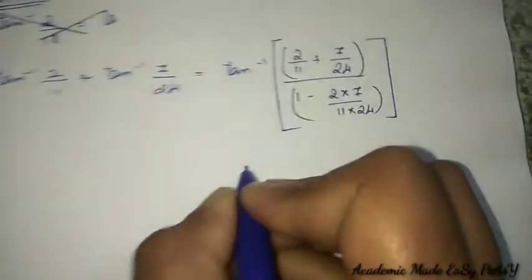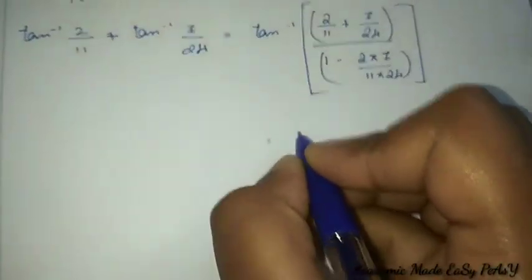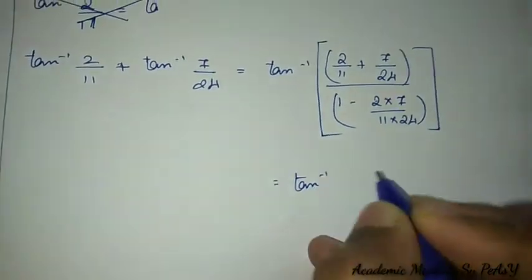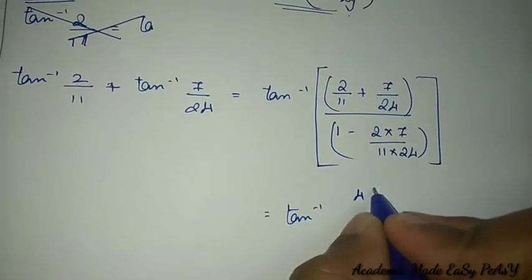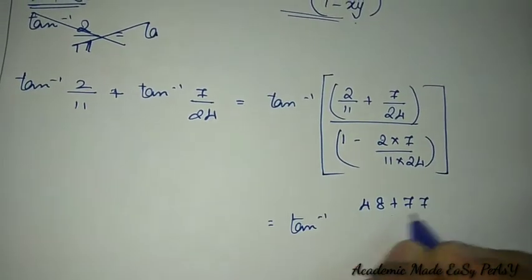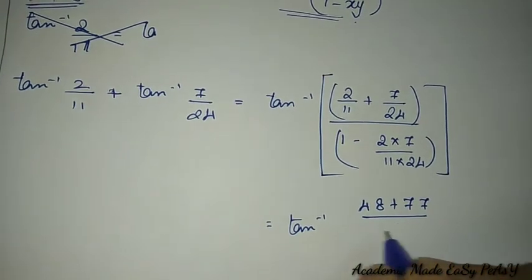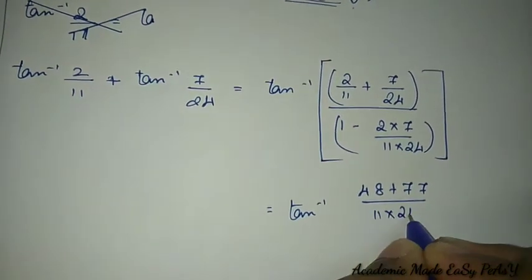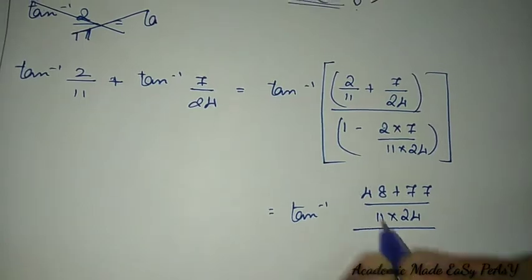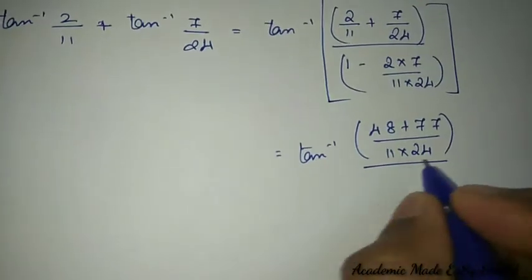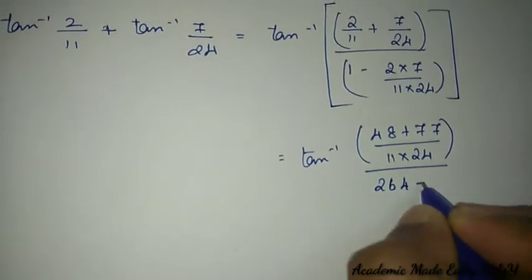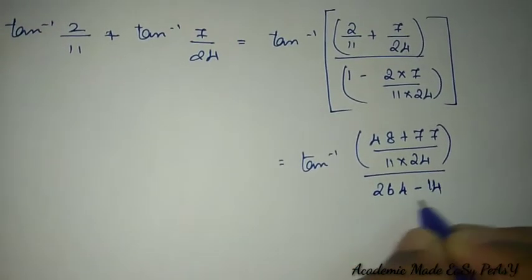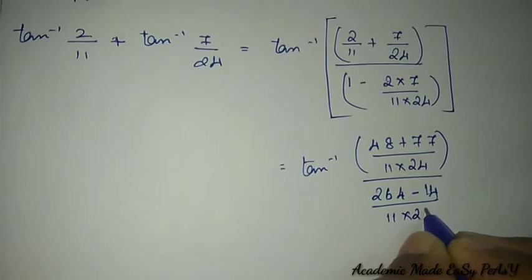So next step I will have tan inverse. Here I am cross multiplying it. So I will have (48 + 77) divided by (11 into 24), divided by (11 into 24 is 264 minus 14) divided by (11 into 24).